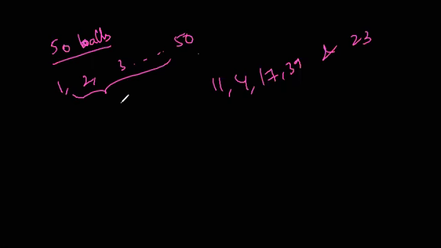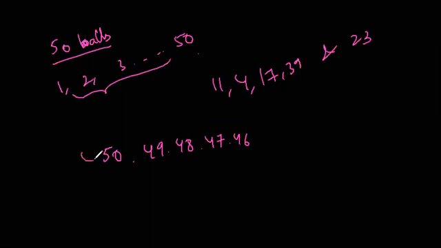In that case, first we have to find out the number of possibilities. If you are picking the first ball, you will have 50 choices. For the second ball, you will have 49 choices. This is something we have already studied in permutations and combinations. So 48 choices, 47, and 46 choices.